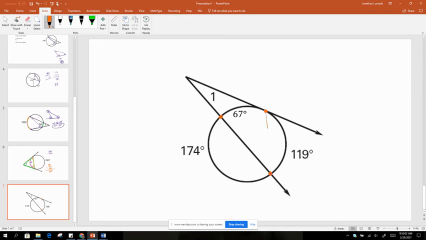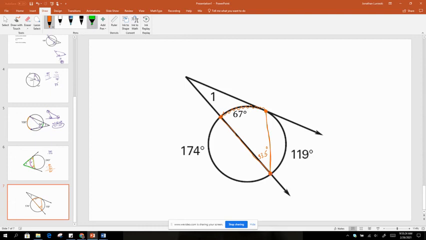So if I draw this line right here, I've created an inscribed angle that's capturing this arc right here, which is 67 degrees. So remember, half of the arc is equal to the intercepted angle. So that's going to be 33.5.